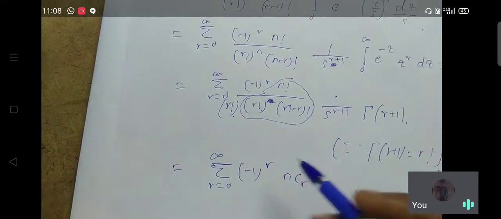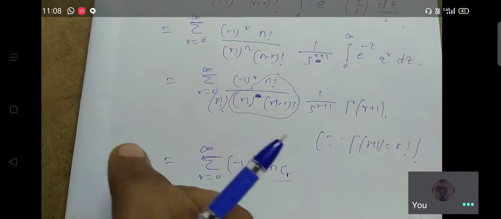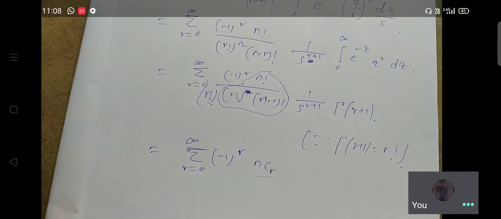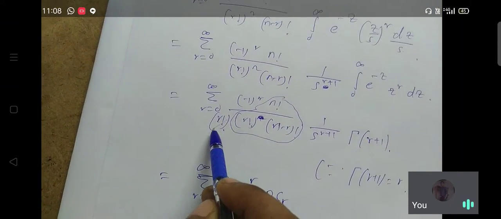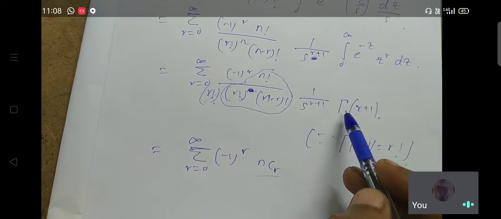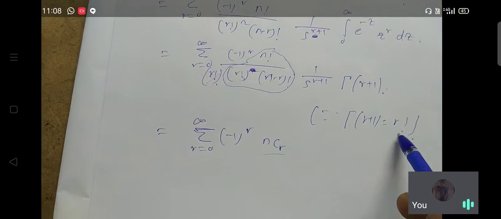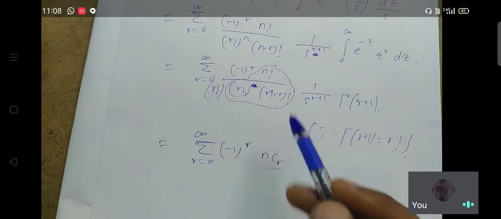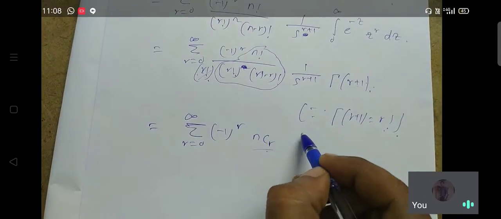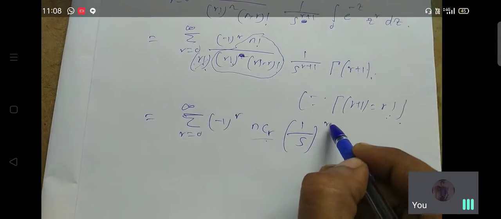This whole thing is nCr. Gamma of r plus 1 is r factorial, so the r factorial cancels out. So nCr divided by s^(r+1).